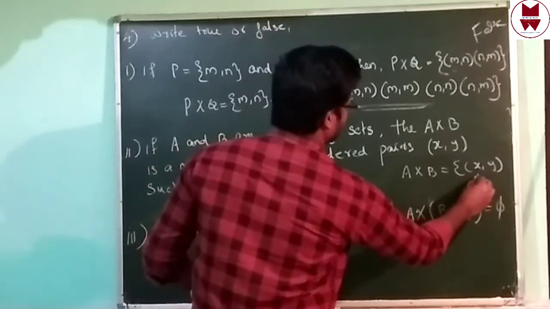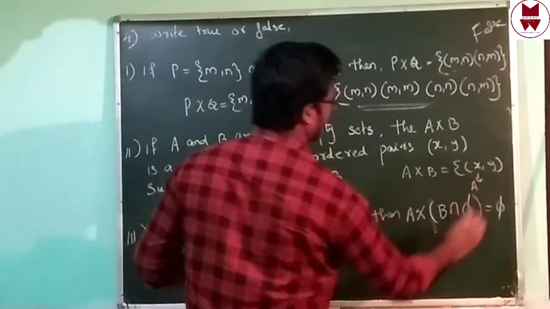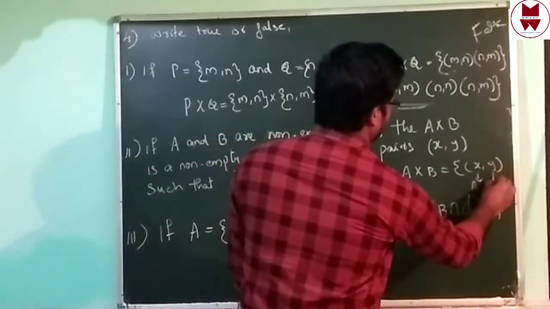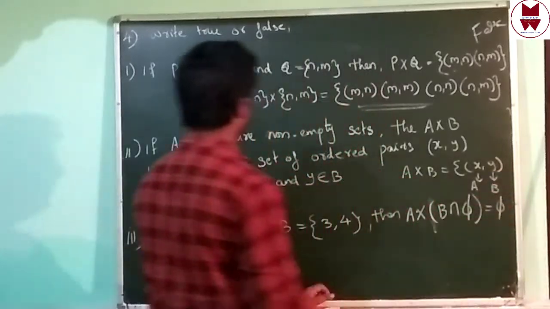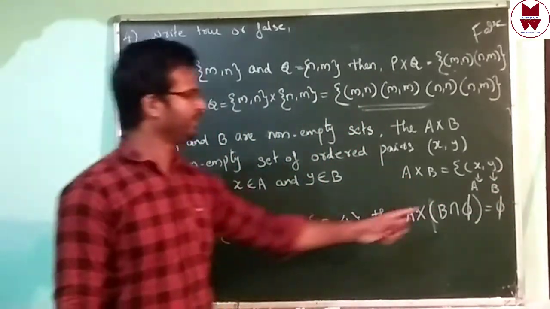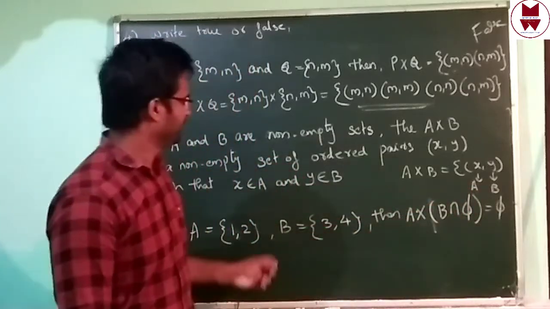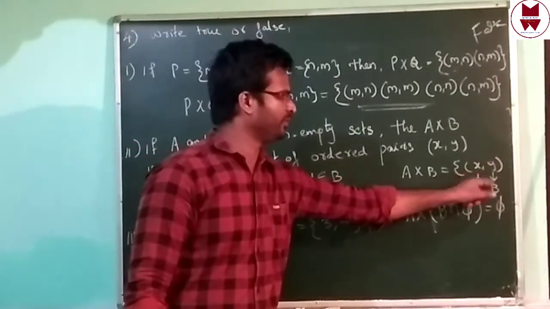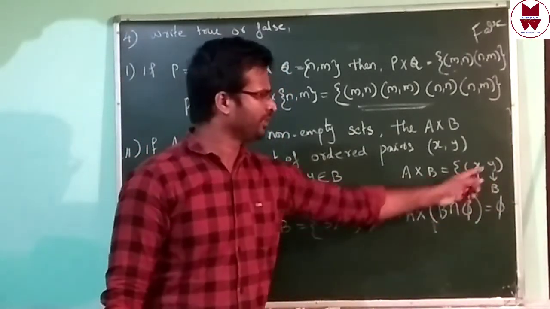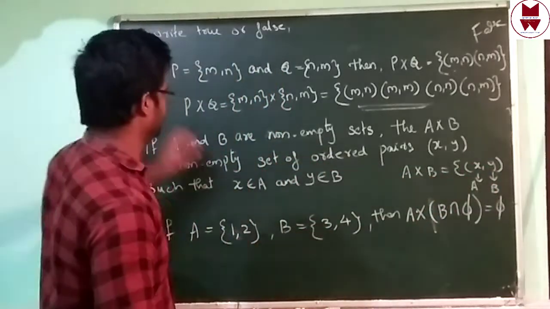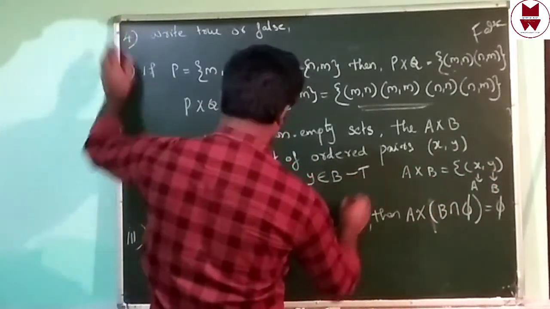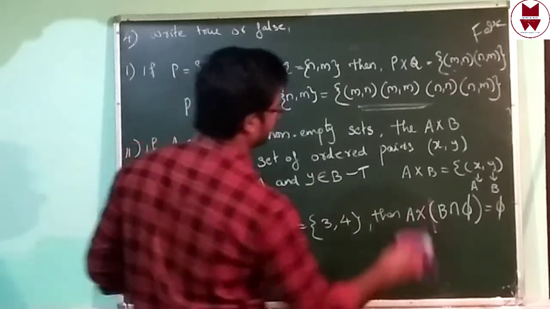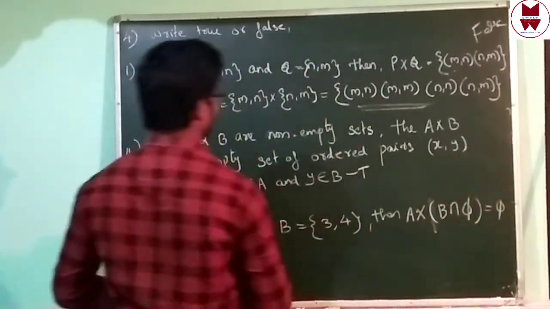That means the first element from set A, second element from set B. X belongs to A, and Y belongs to B, the second element from the second set. That's why this is true. No need to write anything, only this.